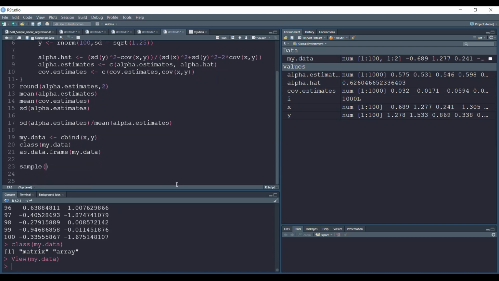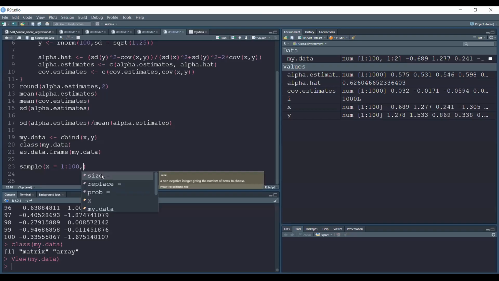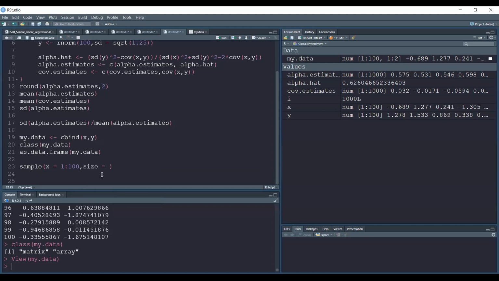So if I do sample and I say from 1 to 100, it's just 100 rows, just like the diagram had 3 rows. So my 100 is kind of like this 3 over there. And if I say size, I'm going to create a bootstrap data set. So with 100, the 100 matches the 100. And I say replace equals TRUE.